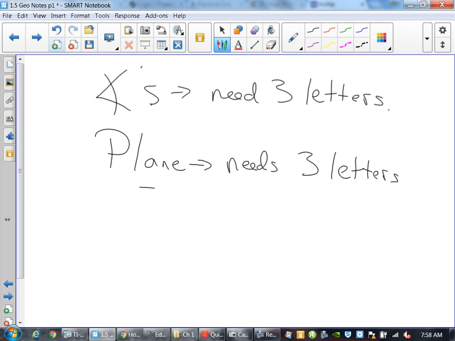What makes a plane? You're right, it's a flat sheet. But how do you denote that you have a plane? Because you have a flat surface and the same coordinates. Yes. You need 3 non-collinear points.